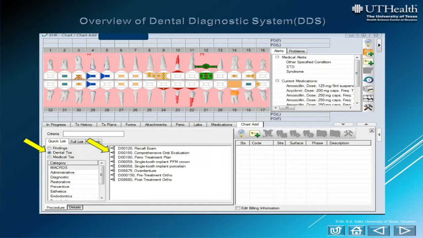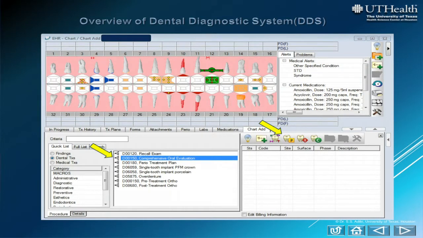To plan a procedure code, you most likely start with code D0150, here with the description of comprehensive oral evaluation. Then you will need to plan this procedure code by clicking the Plan tab with the yellow arrow pointed here.